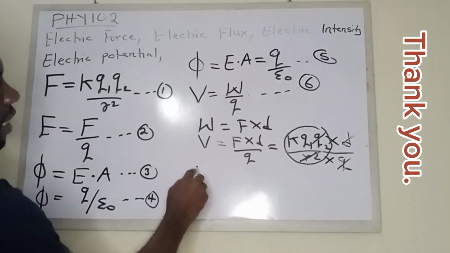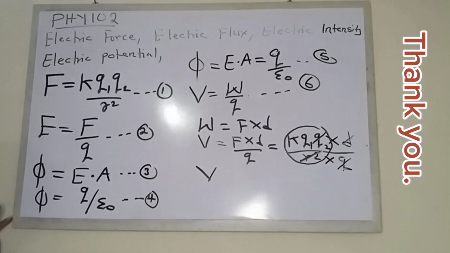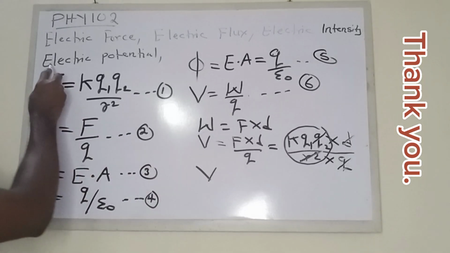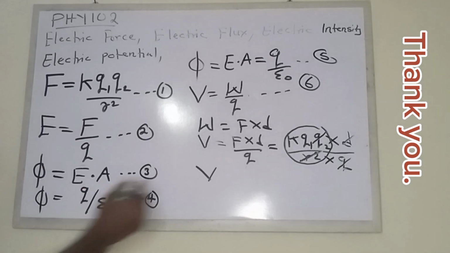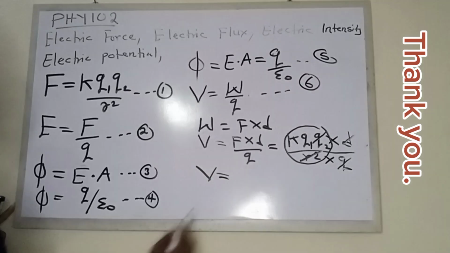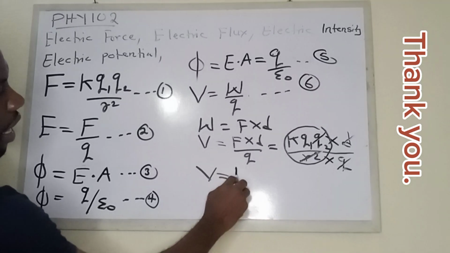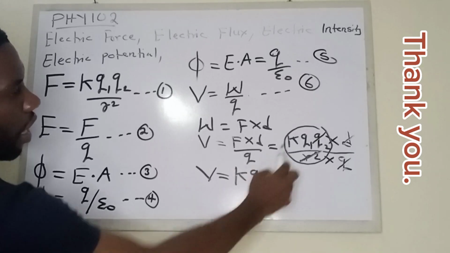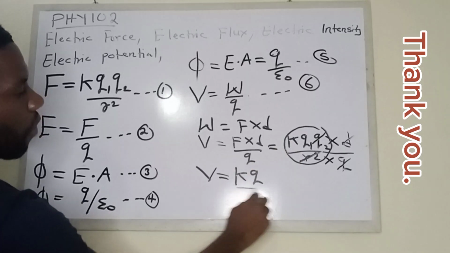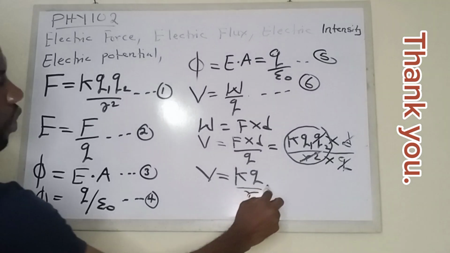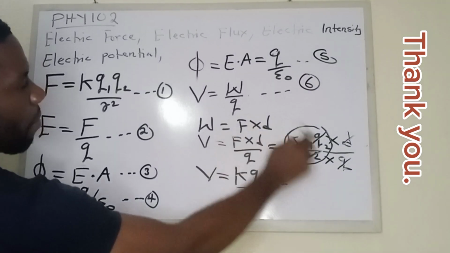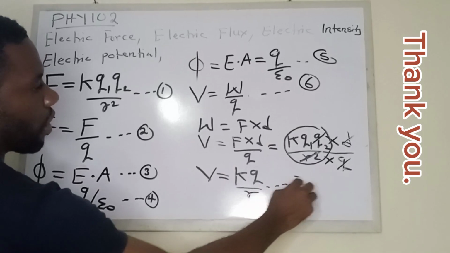What we are left with is another equation for the potential difference. The electric potential difference is equal to KQ over R, KQ over R. Let's call this equation 7.